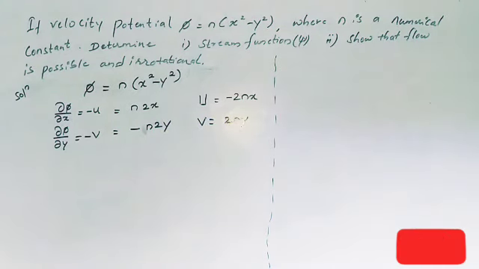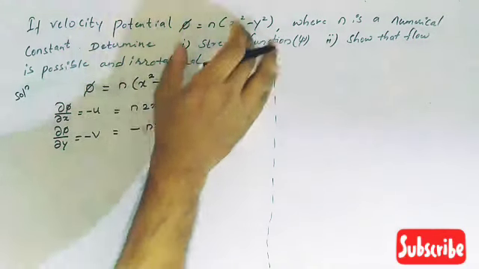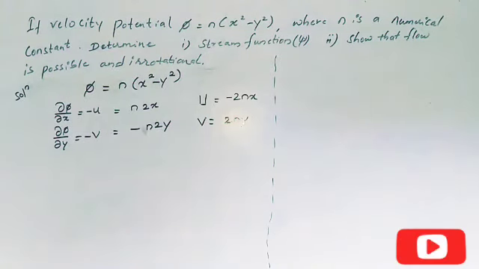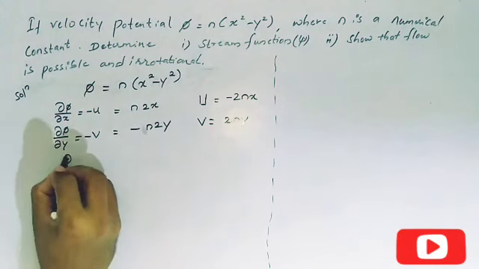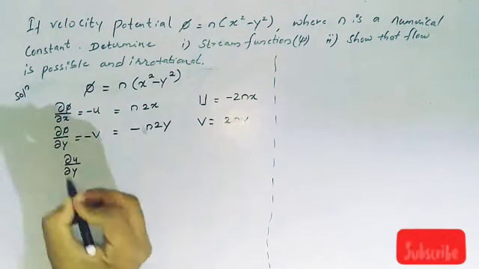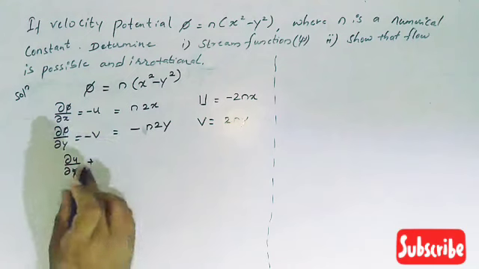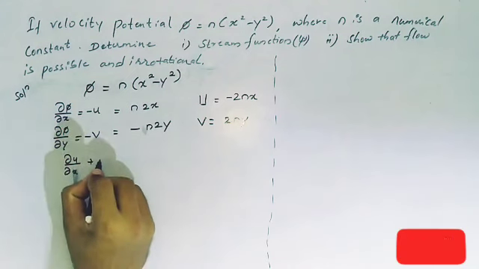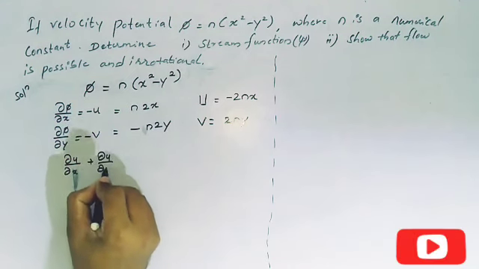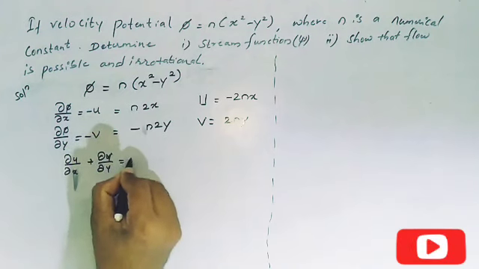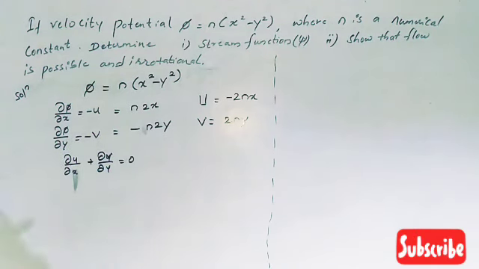Now if I want to know whether this flow is possible or not, then this must satisfy the continuity equation. We know that the continuity equation for two-dimensional flow is given by ∂u/∂x plus ∂v/∂y equals 0.